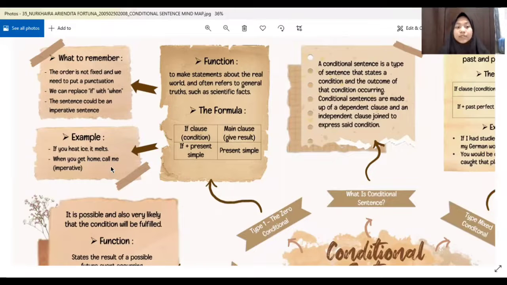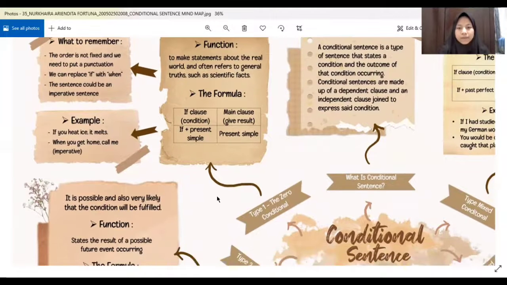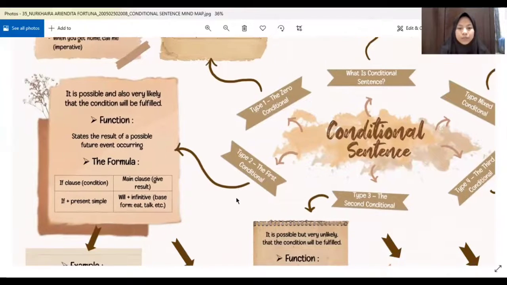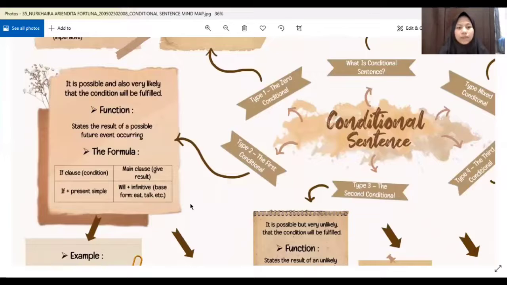This is also an imperative sentence or a command, that by the time you arrive home, you have to call this person. I think that's enough for the type 1 of the conditional sentence, which is the zero conditional. And let's move to type 2, the first conditional.